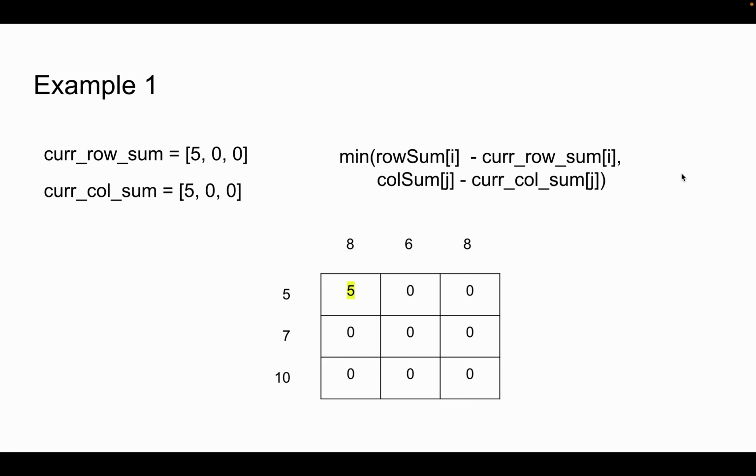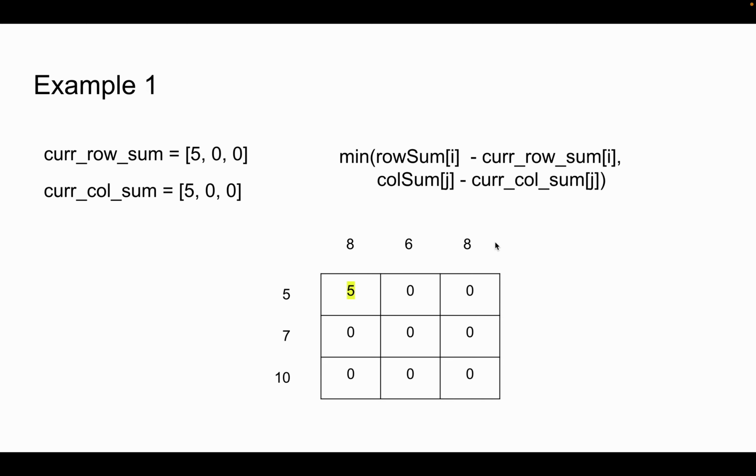When we first do this, let's say if the row sum we want on this row is 8 and the column is 5, then we cannot put 8 here. We only put 5 because we want to put the minimum one.